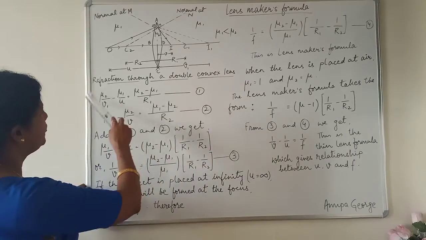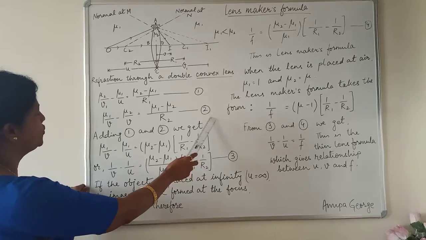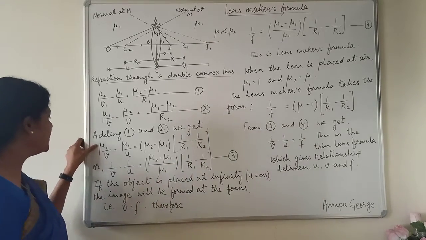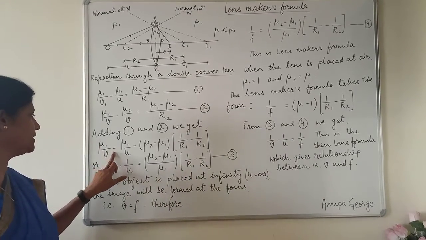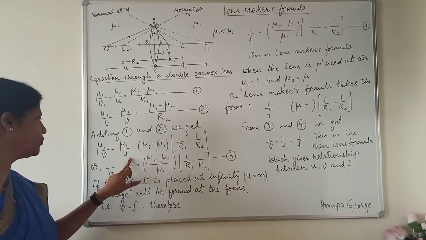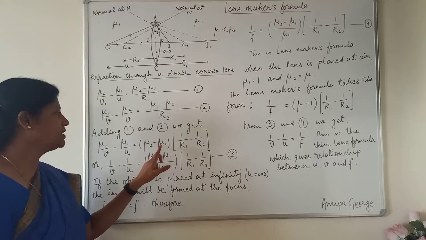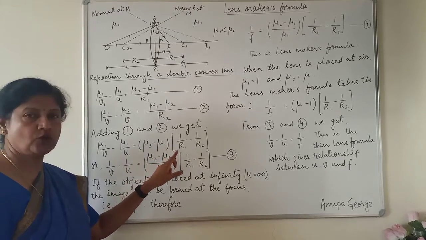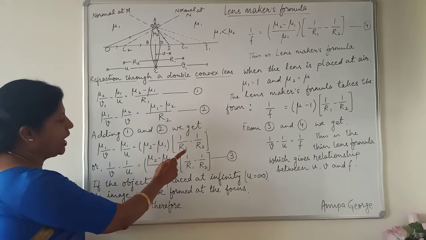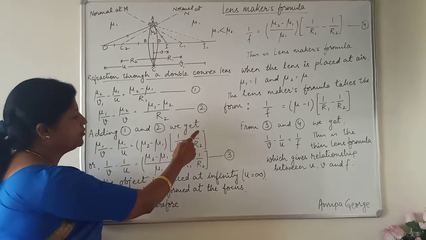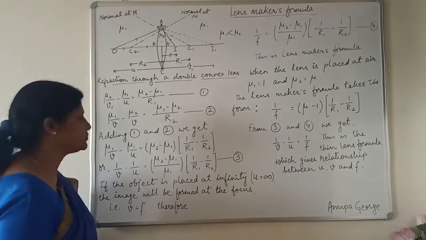Now adding equation 1 and equation 2, we get mu1 upon v minus mu1 upon u is equal to mu2 minus mu1 into 1 upon R1 minus 1 upon R2.